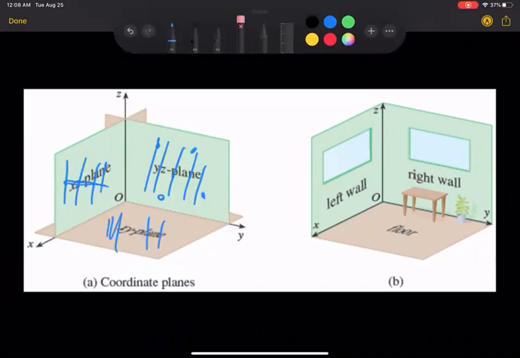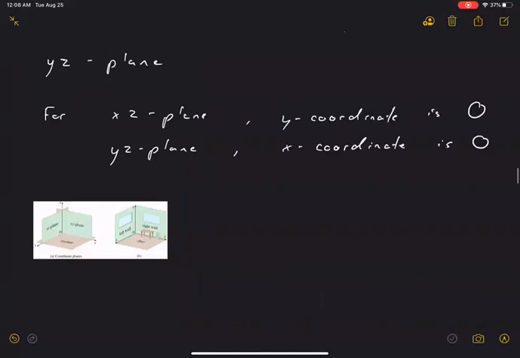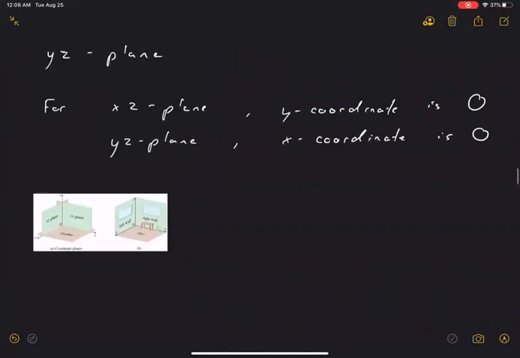Now, what are the equations of these planes? They have really simple equations. We'll talk about this a bit later, but we can go over the special case.